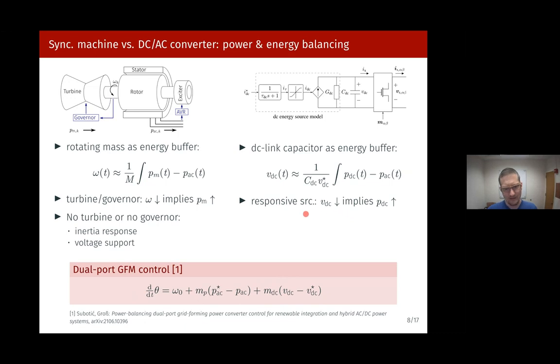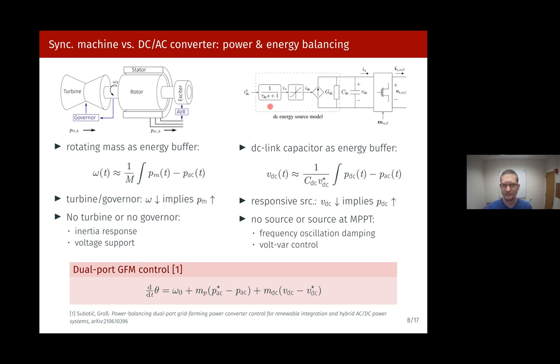And what's really nice about this control is that it's linking frequency and DC voltage together. If you now have a DC source here that is responsive to changes in the DC voltage, that automatically stabilizes frequency. And in particular, this now has the same properties as the machine here if you remove just the turbine and the governor.